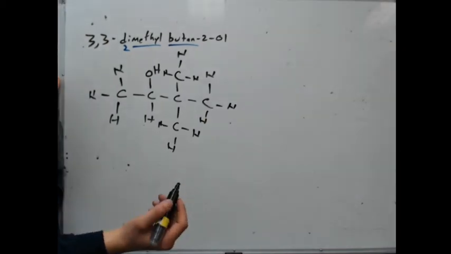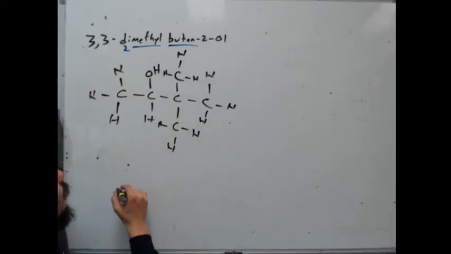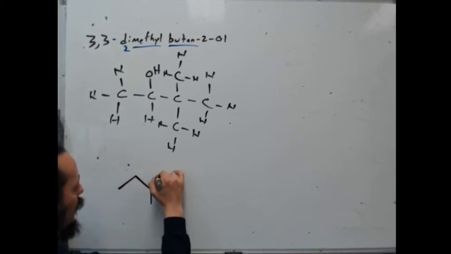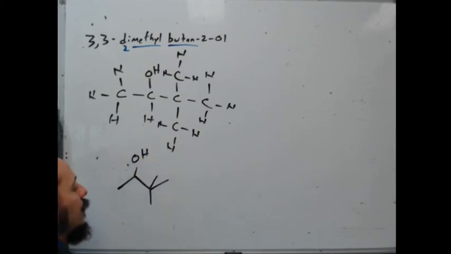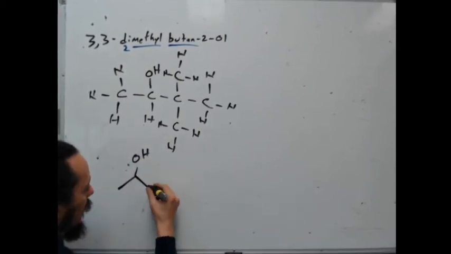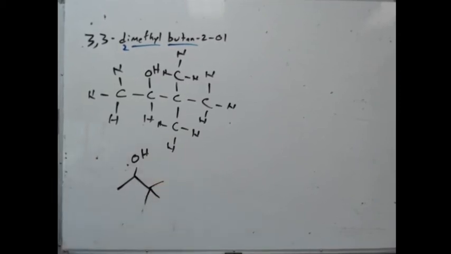If I wanted to do the line drawing with this, which I'm okay with you doing, I would do 1, 2, 3, 4. If we wanted to be crazy, can we take that whole word and in front of dimethyl put that there, and then it's just going to be itself on top of that?